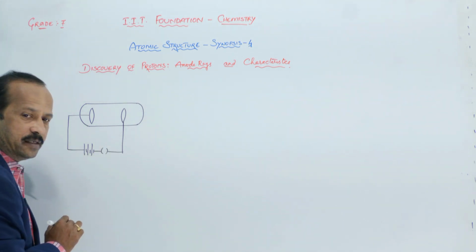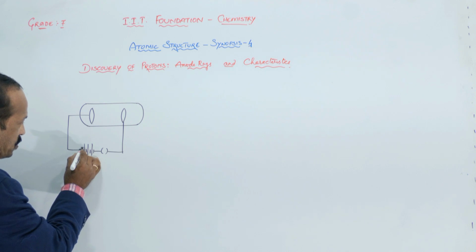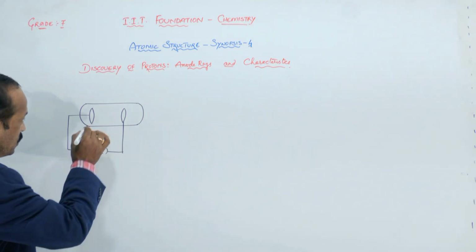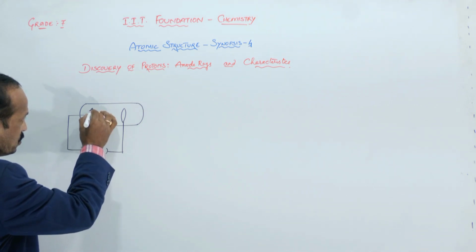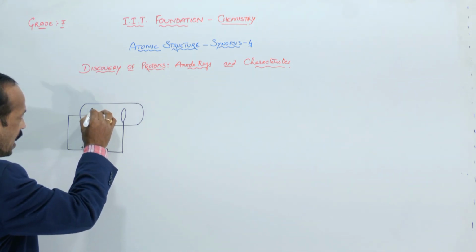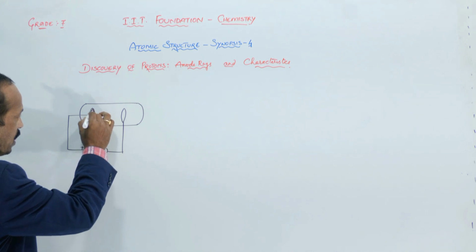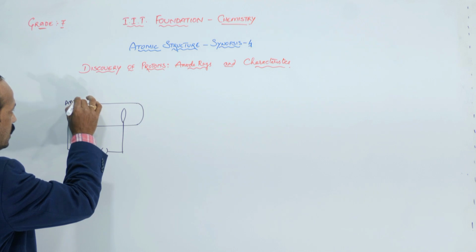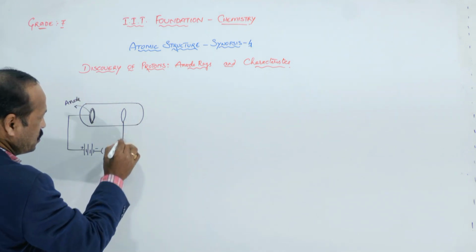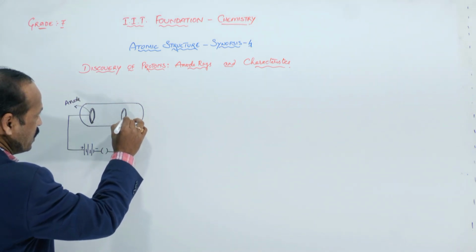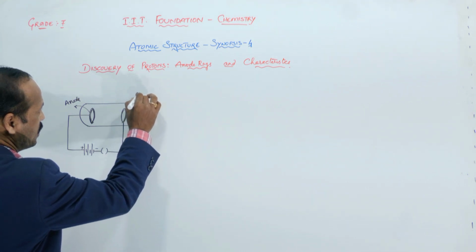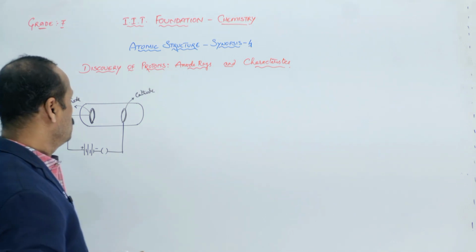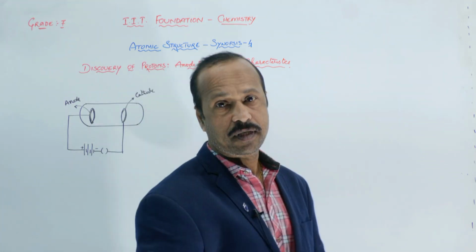Here this is the positive terminal and here it is the negative terminal. Since this is the positive terminal, it is called the anode. We write this as anode, and this is connected to the negative terminal and is called the cathode. So this was the arrangement.